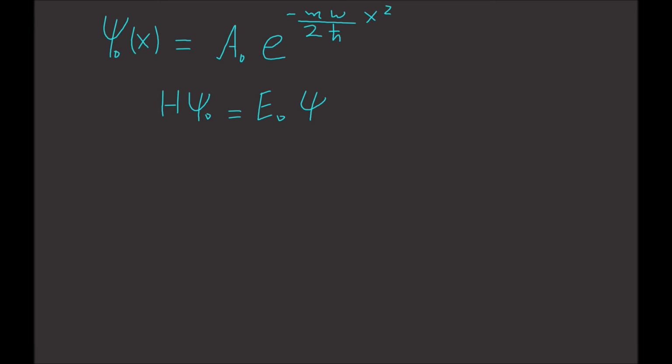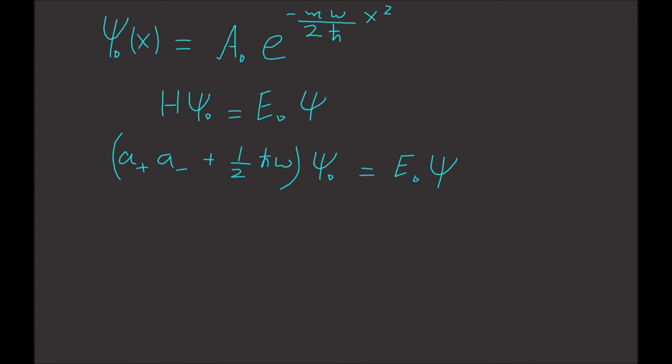And what is H? H is a plus a minus plus 1/2 h bar omega times psi naught. This should be equal to E naught times psi.